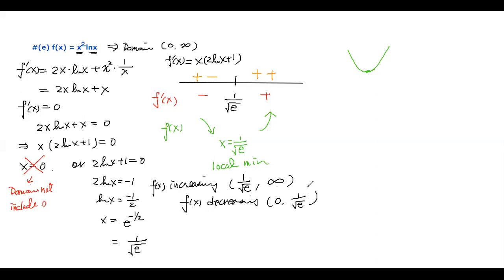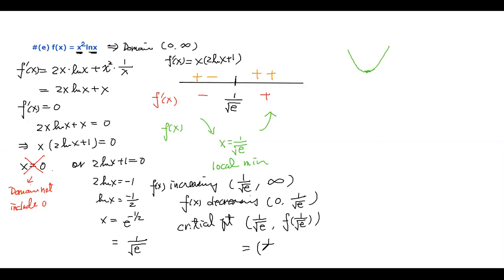Because of the natural log, I know the domain here, even though they did not give it to us. The domain of natural log is 0 to infinity, right? So now let's take a look at my critical point. Basically it's 1 over the square root of e, then you put this number into the function.